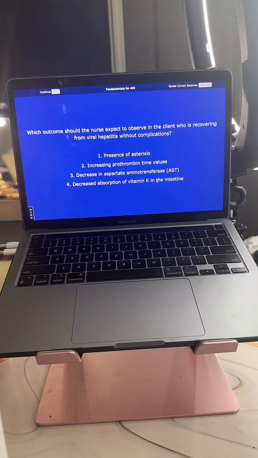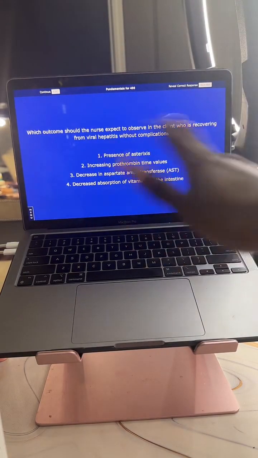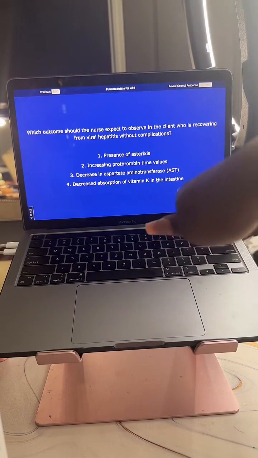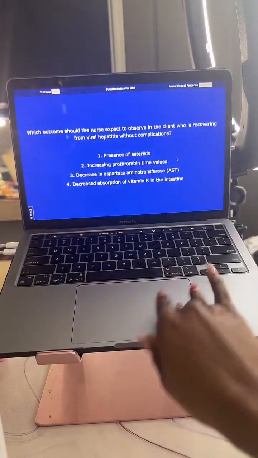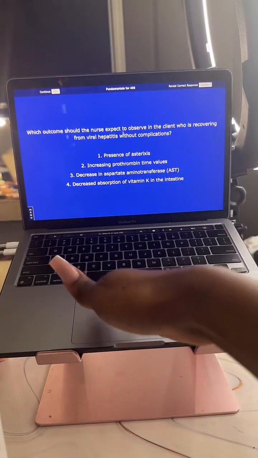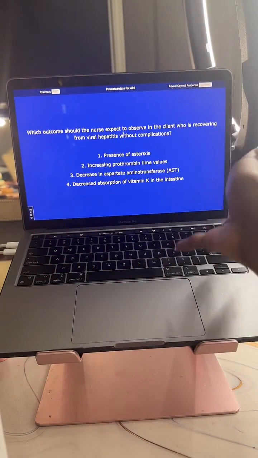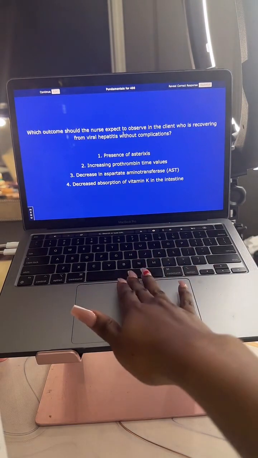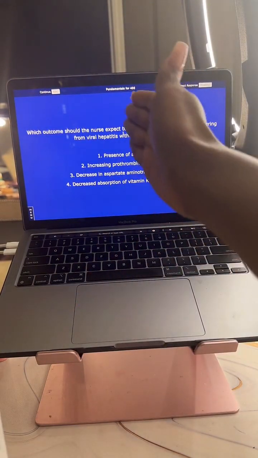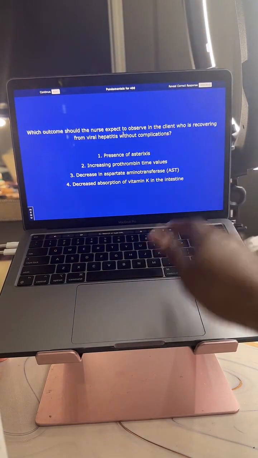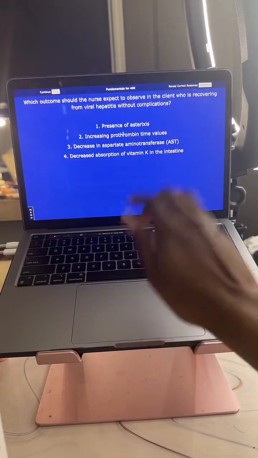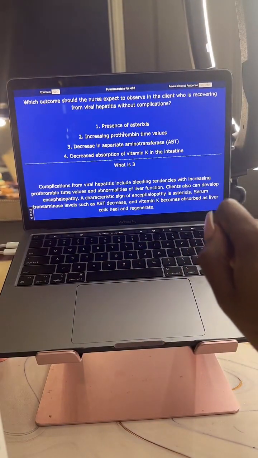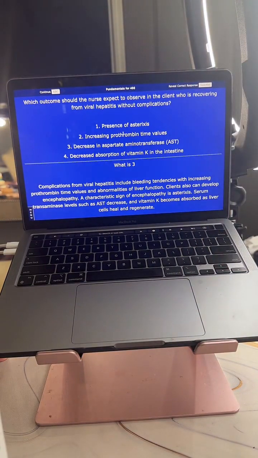So what do we know about this client that's recovering from viral hepatitis? Hepatitis is inflammation of the what? The liver. Absolutely. So if we're recovering from inflammation of the liver, what can we expect to observe? And the answer is what is 3?